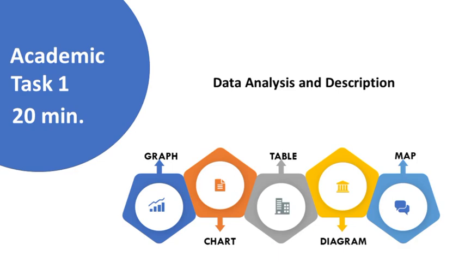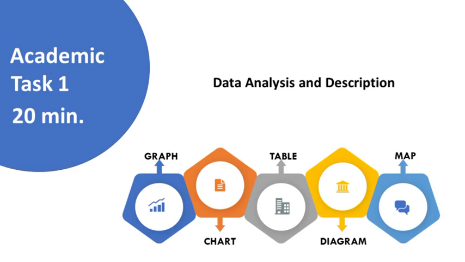Another example of data analysis and description you are most likely going to come across is charts. So in this type of task 1 test for the academic training module, you are likely going to come across charts. So you'll be given some pieces of information on the charts, and you will be able to select main features from the charts and summarize them.